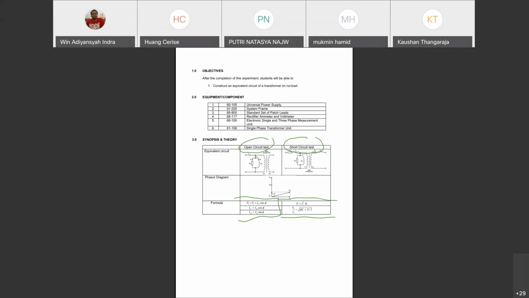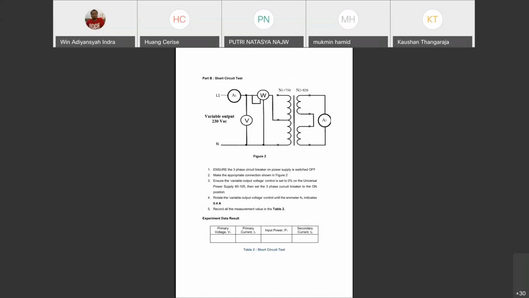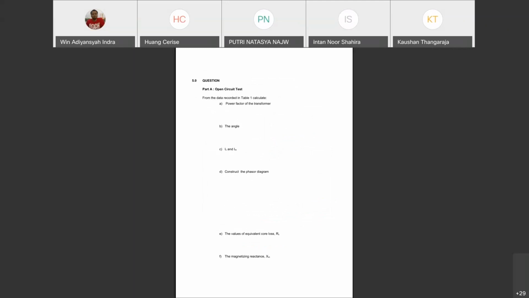Be careful, for open and for short. So the first question is power factor.